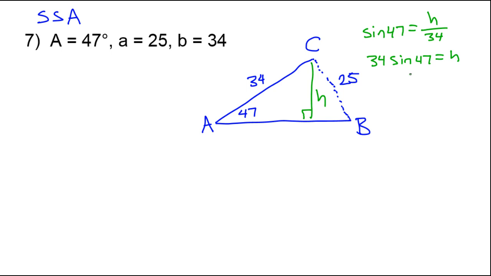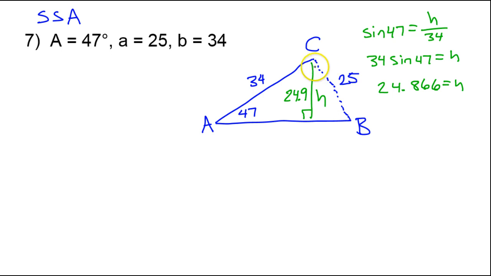Okay, 34 sine 47. Okay, I am getting 24.866 for the height. Alright, I'll even go ahead and call it 24.9. It's going to be approximately 24.9.